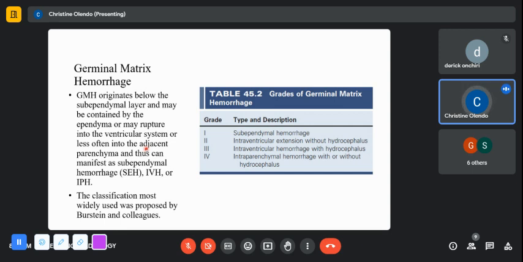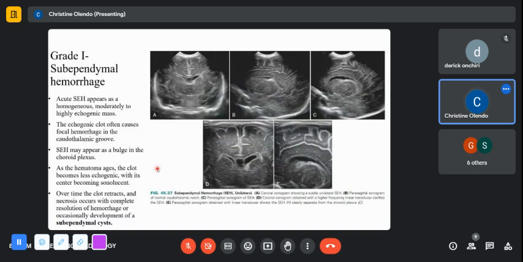If it's grade 3, you have the intraventricular hemorrhage with hydrocephalus, and grade 4, you have intraparenchymal hemorrhage with or without hydrocephalus. And the classification is by Burstein and colleagues.